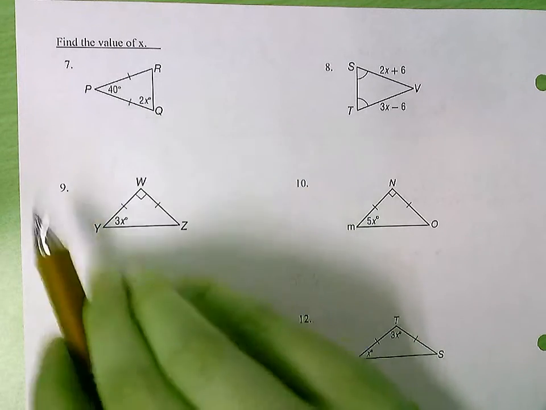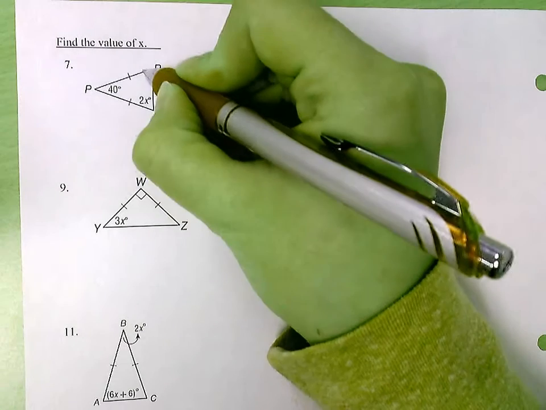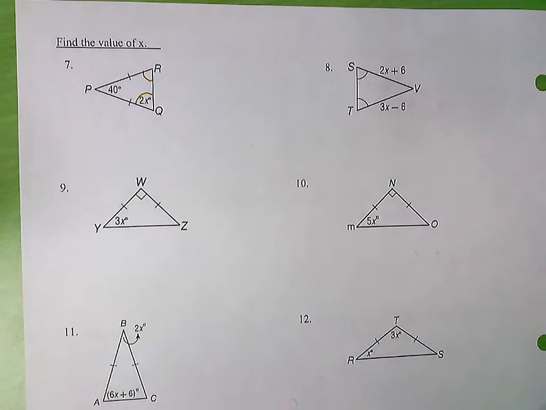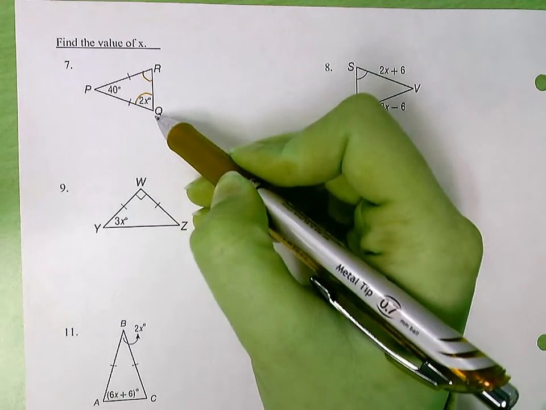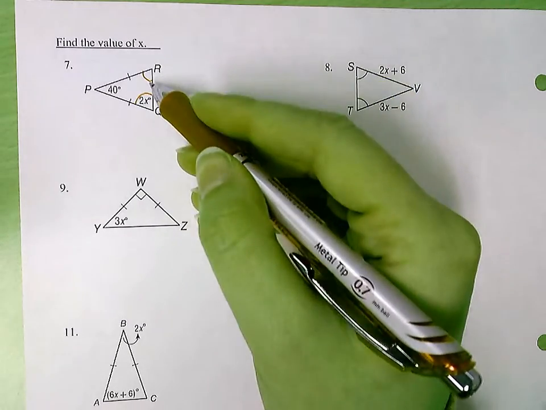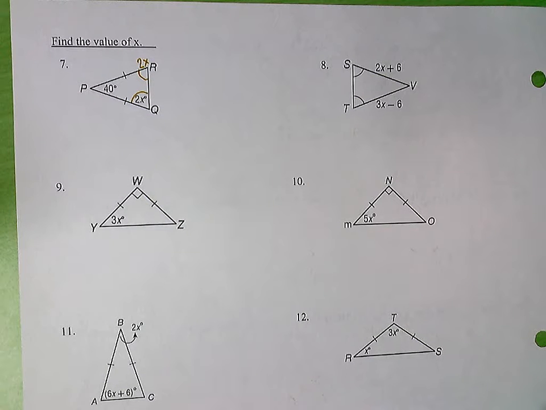I know these two sides are congruent, so their opposite angles are congruent. Now there's two different ways that you could solve for x here. Since angle Q is 2x, angle R must also be 2x, right? Since they're the same. I know all three of my angles have to be 180 degrees.